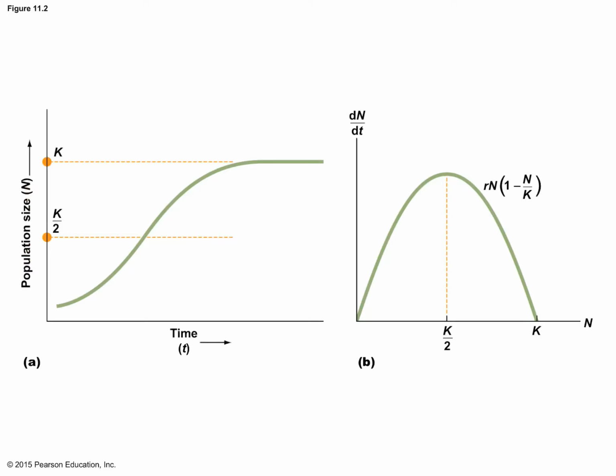So if we look at this a little bit differently, we can look at the relationship between the rate of population growth and population size. When we do that, the curve takes the form of a parabola, and that's what we see right here. Here we have our population size on the x-axis. Here we have the change in population size with time on the y-axis.